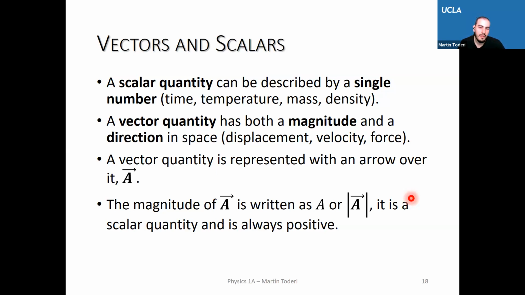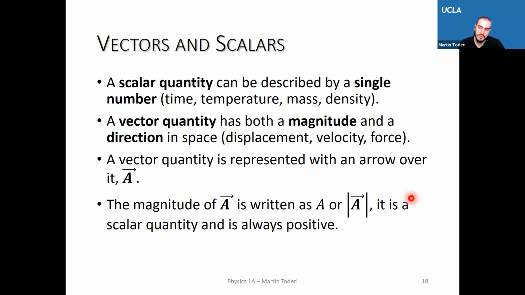We represent a vector by an arrow over the letter. Sometimes you will see the letter in bold without the arrow, and that would still mean that it's a vector, but here we will use the arrow on top. And then we have the magnitude, or sometimes you can find it as the module of the vector, which is a scalar quantity, just a number, and this thing is always positive.